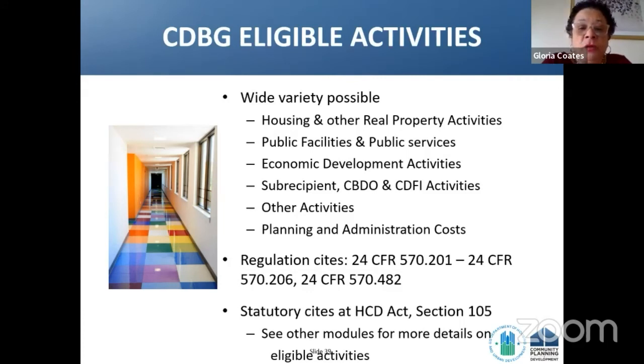And as you all know, when you look at the eligible activities, there are a lot of activities that can be carried out. If you go to the statute, they're in 105(a). If you go to the regs, here are the reg cites. But there will be modules on each of these eligible activities with regard to not only CDBG, but also CDBG-CV. Next slide, please.